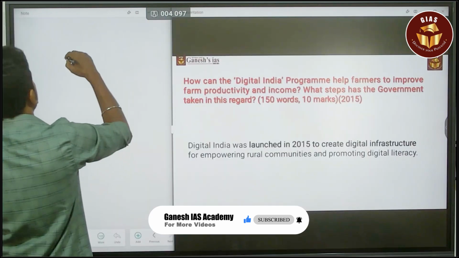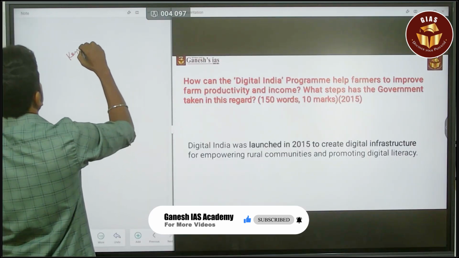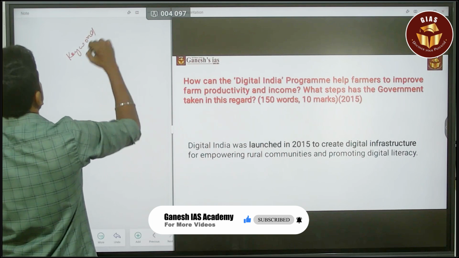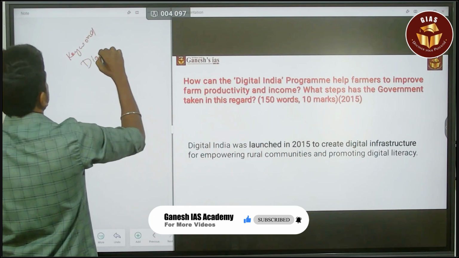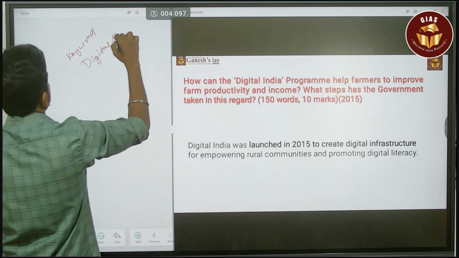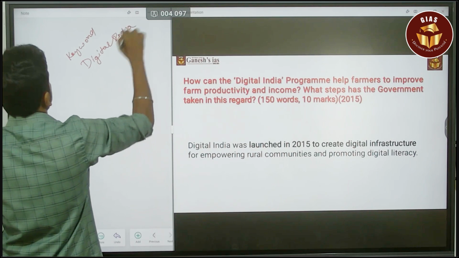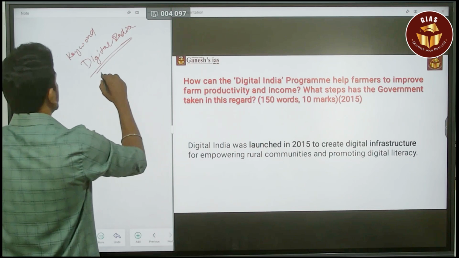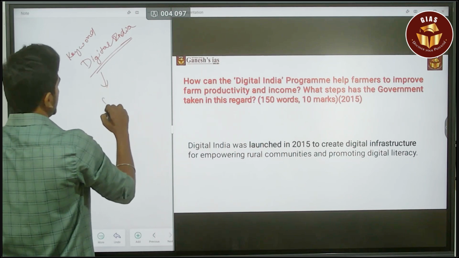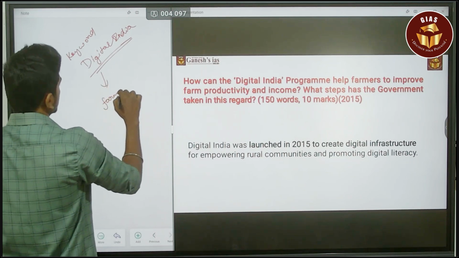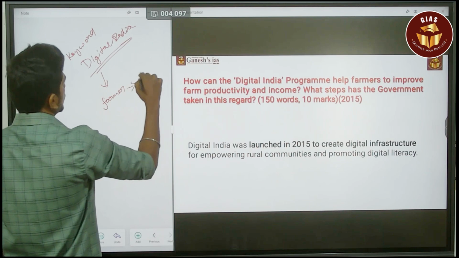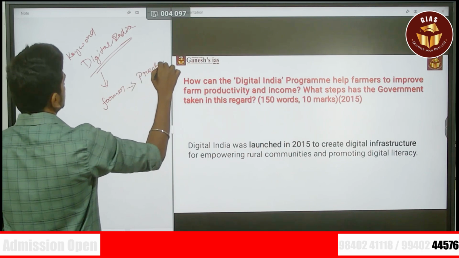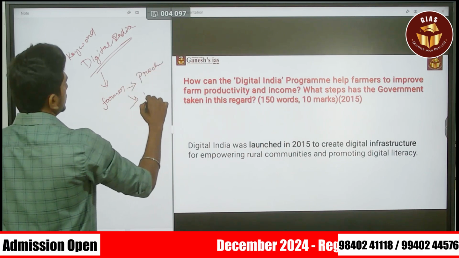So, the first keyword is Digital India. And it is also specifically asking how Digital India is going to help the farmer to increase productivity and also their income.